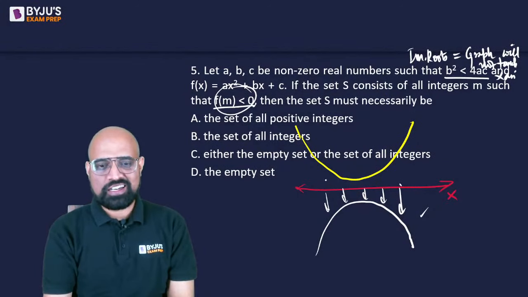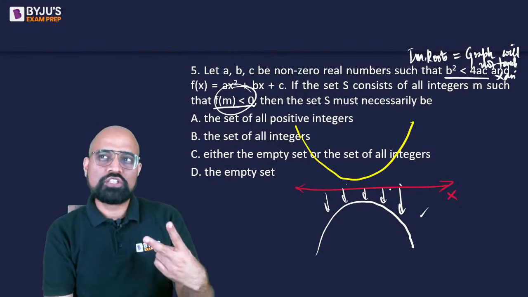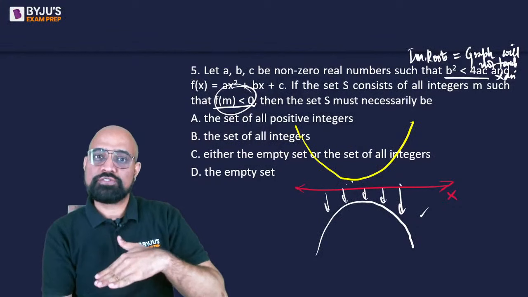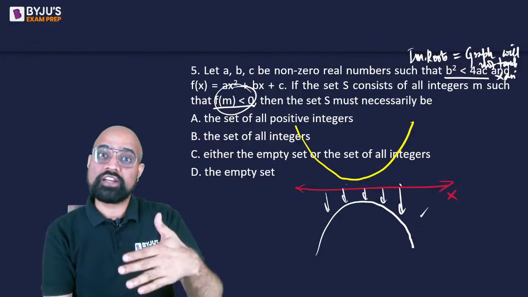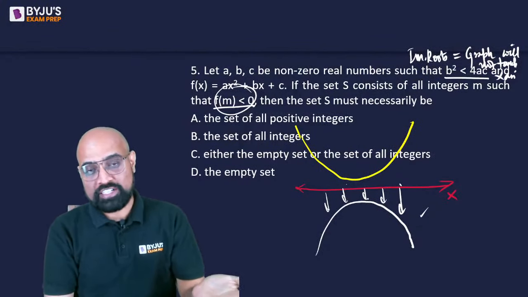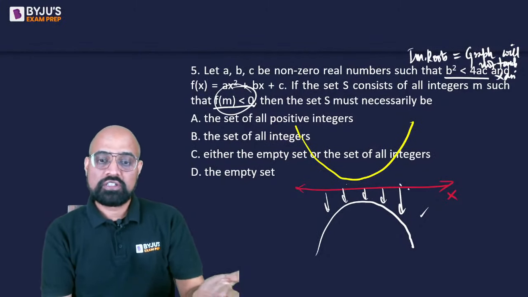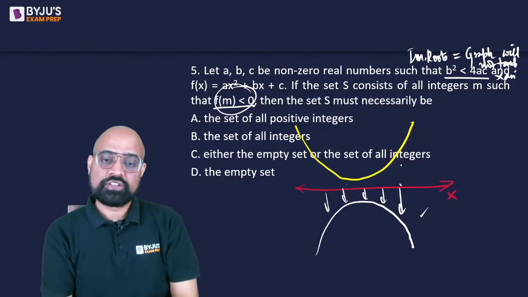But if it is this graph, all the heights are positive, it will never happen. So one of the two things will happen: either there is no value of m where the height will be negative, the upper case, or there are going to be all the integral values, that is all values of m where m is an integer, that will give us that the height is negative.